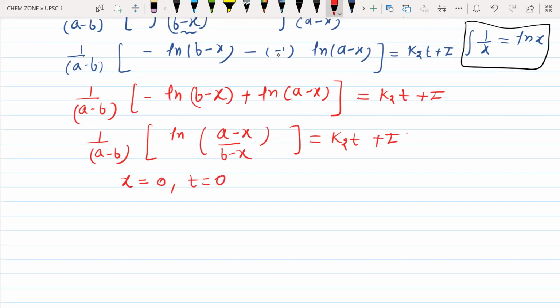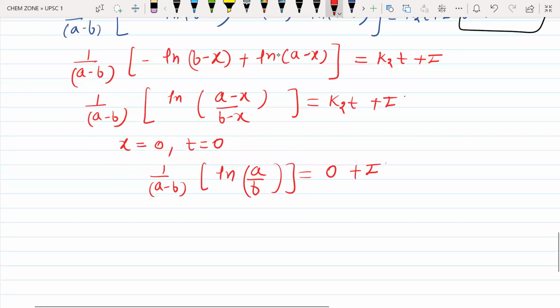For calculating I, we need to put this constraint that at any time t, initially when t is 0, x will be 0. So we find the value of I. Now put this value of I in this equation.